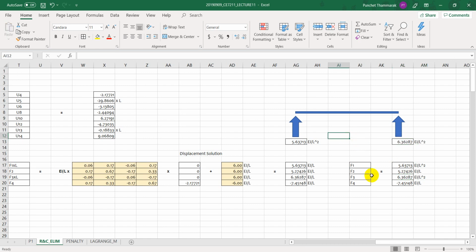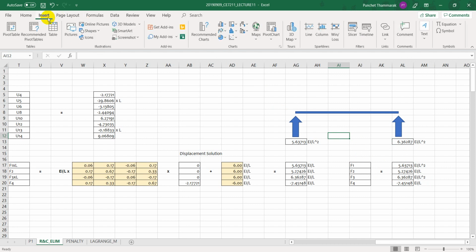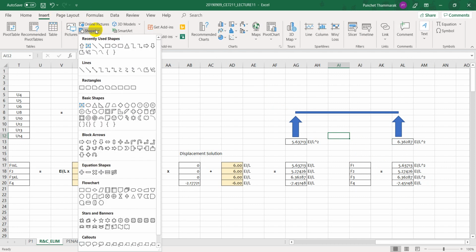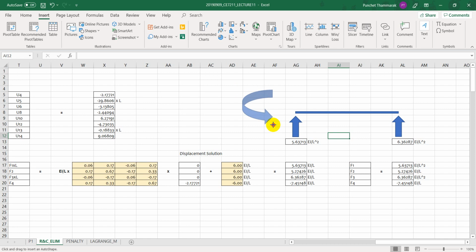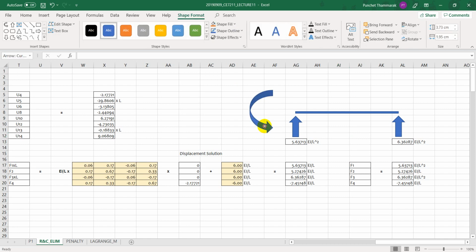What else? We have the moment in the counterclockwise direction because you get a positive moment. So from your positive moment, you get this one.